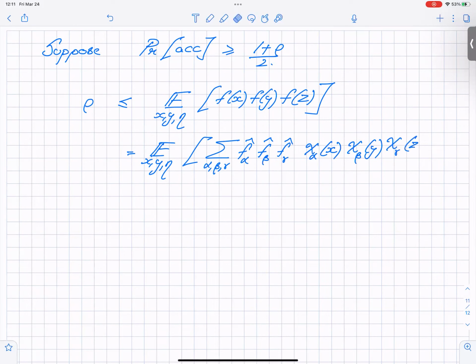I indexed the Fourier coefficients with alphas, the same as in BLR. And z I'm going to now write as x plus y plus theta.